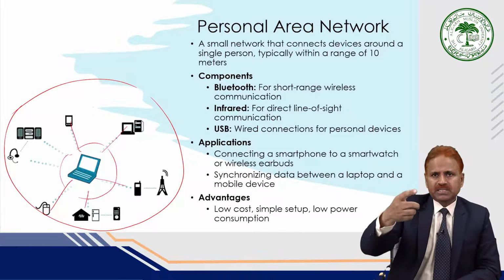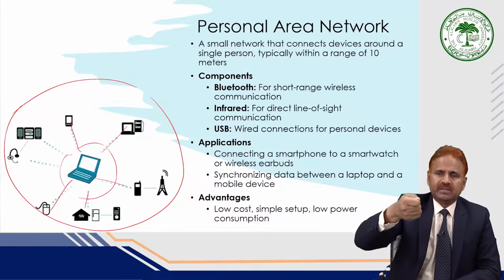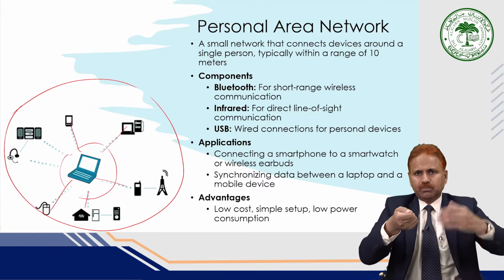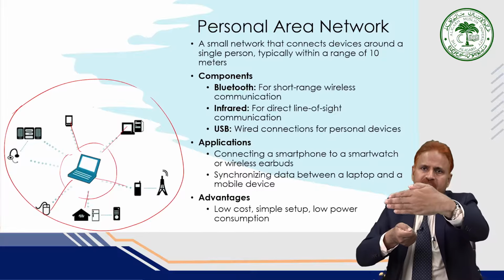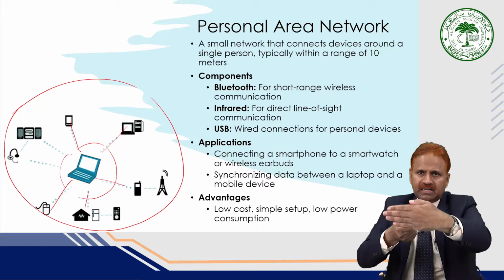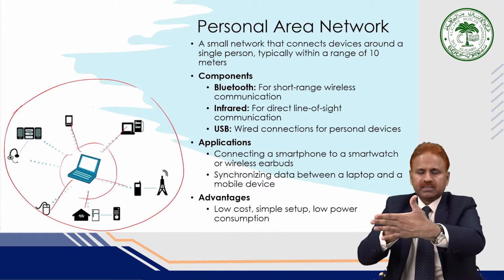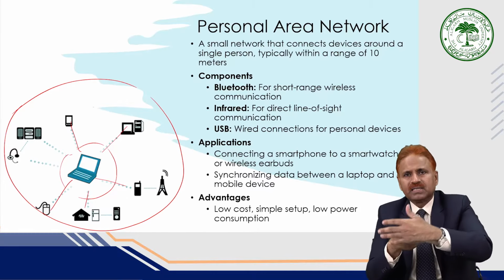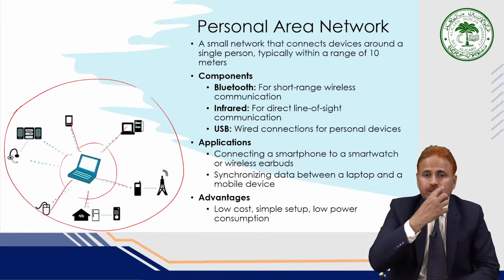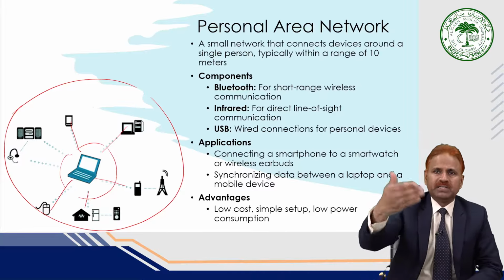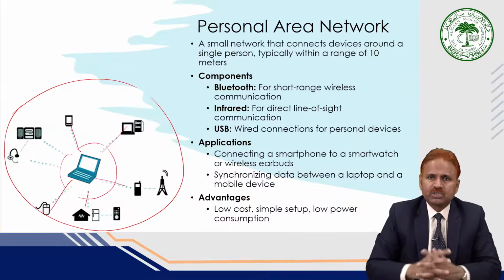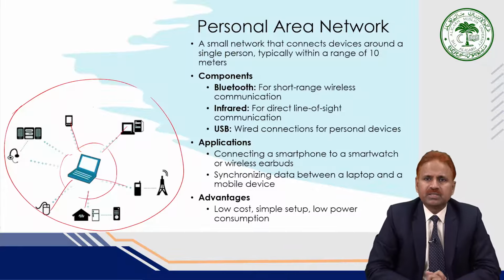Line of sight means there must be no obstacle between the device and the one with which it is communicating. Between your remote and TV, there must be no obstacle. If you put your hand before the remote, then it will not work. The signals will not reach there. So a direct line of sight must be there between the two devices communicating with each other while you are using infrared. TV remotes are a very good example of infrared communication applications.